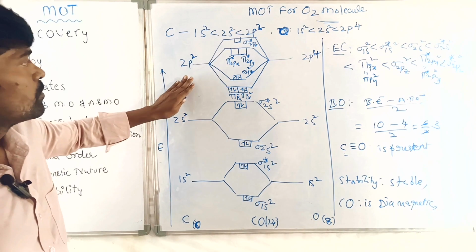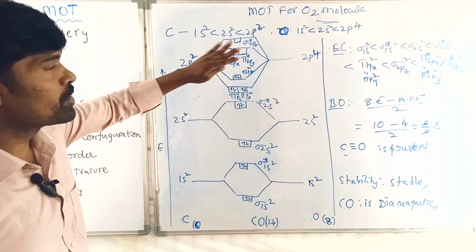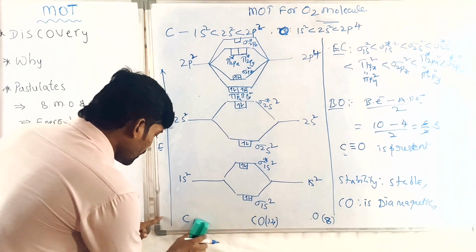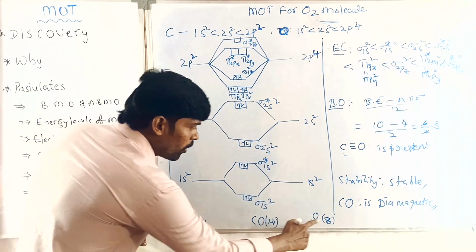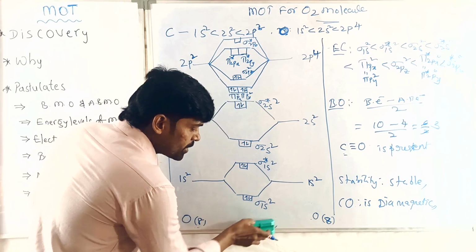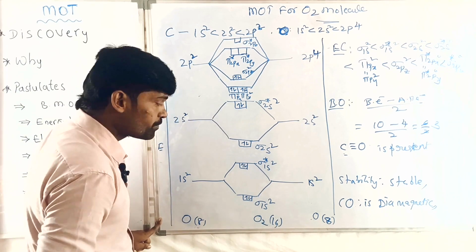How O2 will be there compared to CO. Let's check it. Oxygen has 8 electrons, oxygen 8 electrons, O2 will form, then 16 electrons will be there.